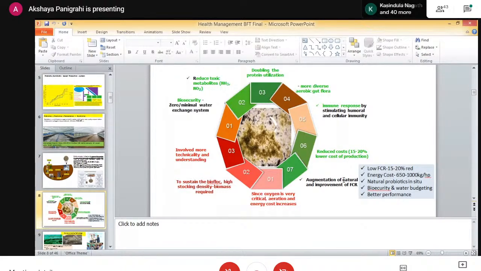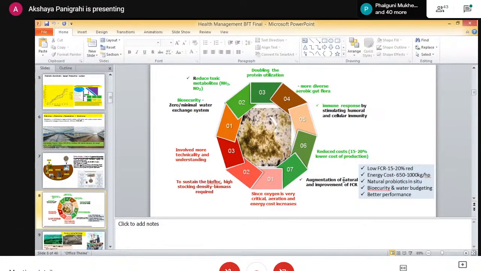What are the advantages? We have already discussed. The biofloc system reduces fluctuation. It doubles the protein utilization: the feed protein is utilized the first time, then becomes bacterial protein and is used again. That is a very pure form of protein, and it also gives a natural probiotic effect.